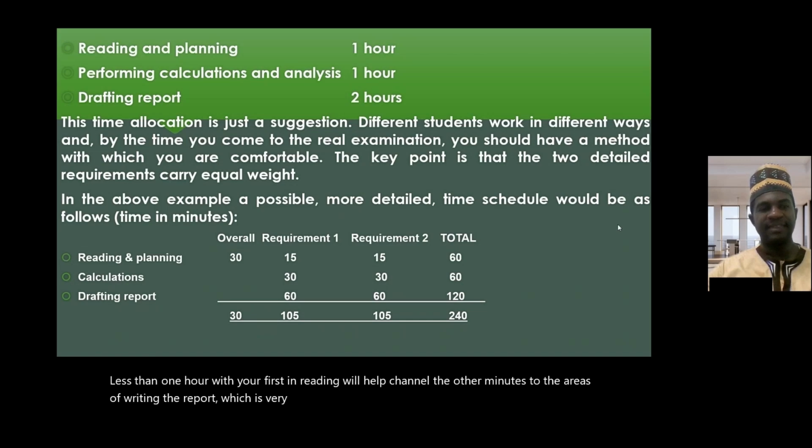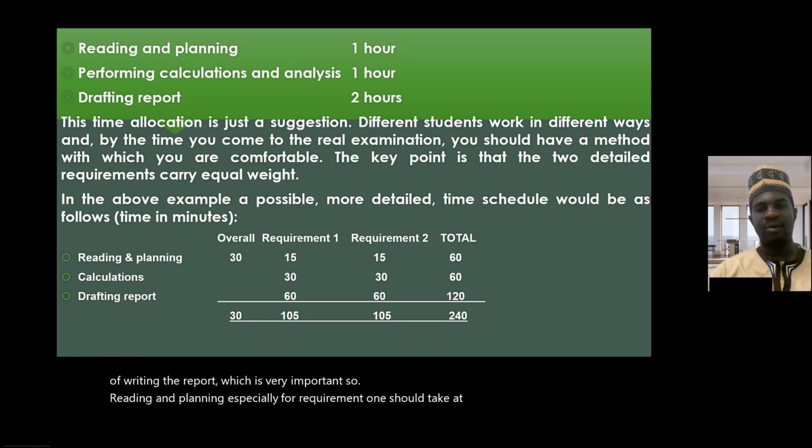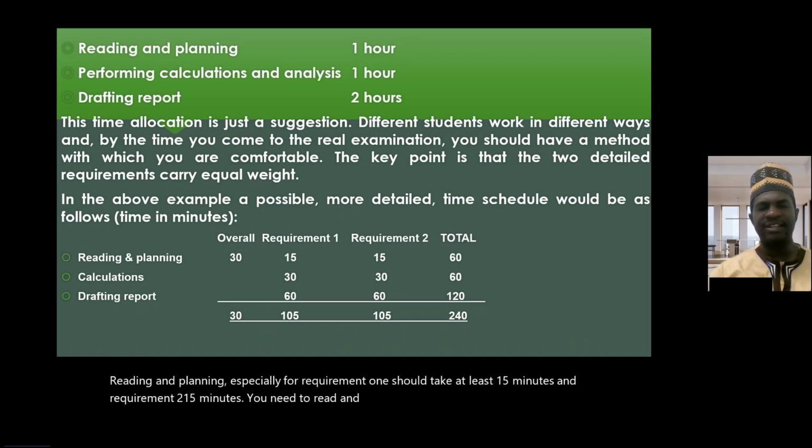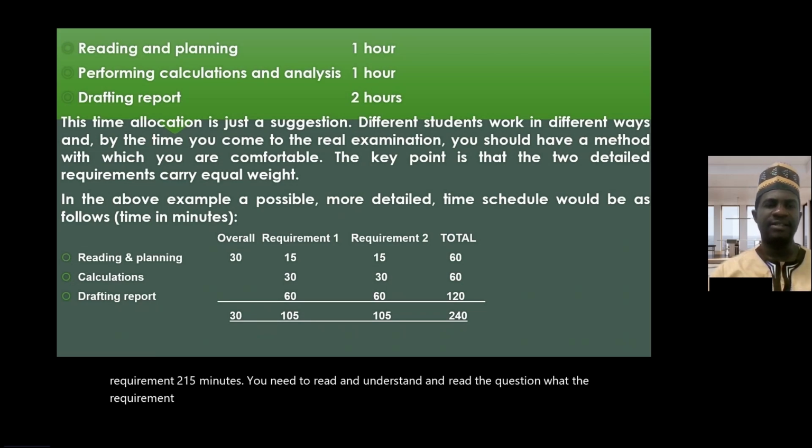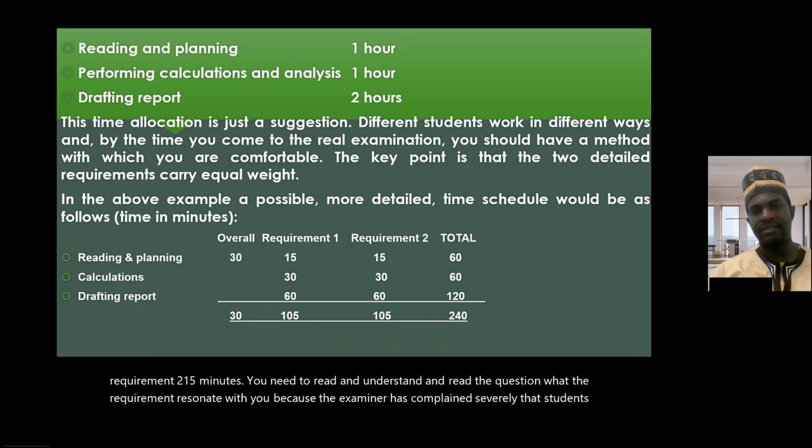So reading and planning, especially for requirement 1, should take at least 15 minutes. Requirement 2, 15 minutes. You need to read and understand and let the requirement resonate with you, because the examiner has complained severally that students don't address his requirement.